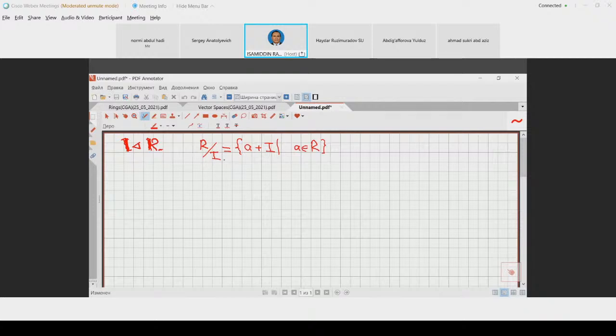We introduce the product as follows: a bar times b bar, or let me write aI times bI, which we define as ab plus I.